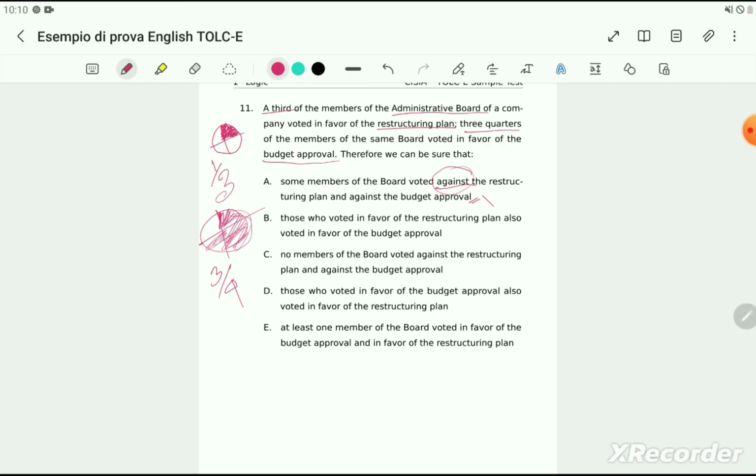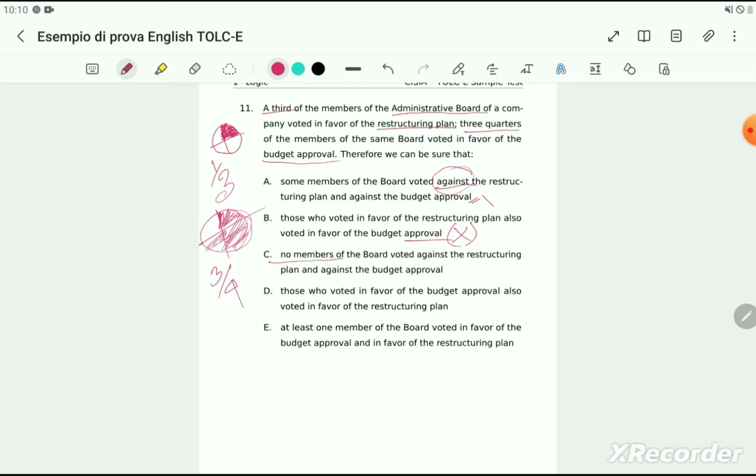So those who voted in favor of the restructuring plan also voted in favor of the budget approval. No, this information is not given in the question. No member of the board voted against the restructuring plan and against the budget approval.